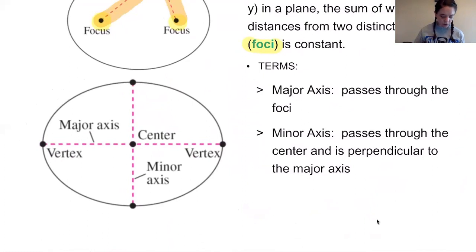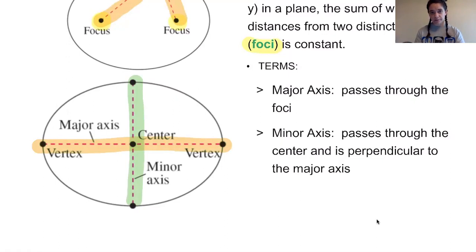So we have what's called a major axis that is going to go through the center, but also the endpoints are going to be what we call our vertices. One vertex, two vertices. And then our minor axis is going to be perpendicular. It's going to be the shorter of the two. So our major axis is always going to be the longest, and our minor axis is always going to be the shortest.